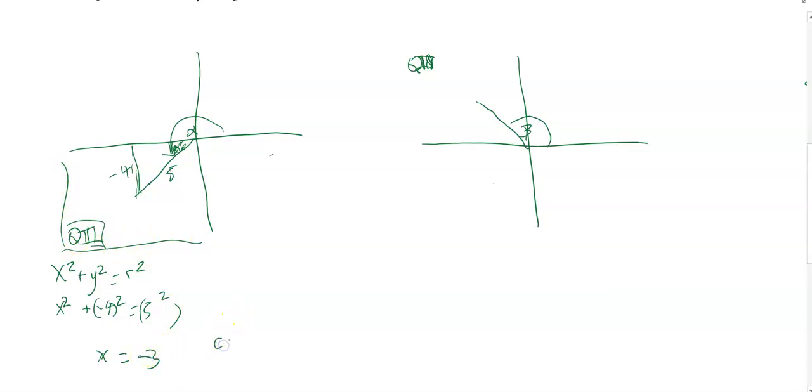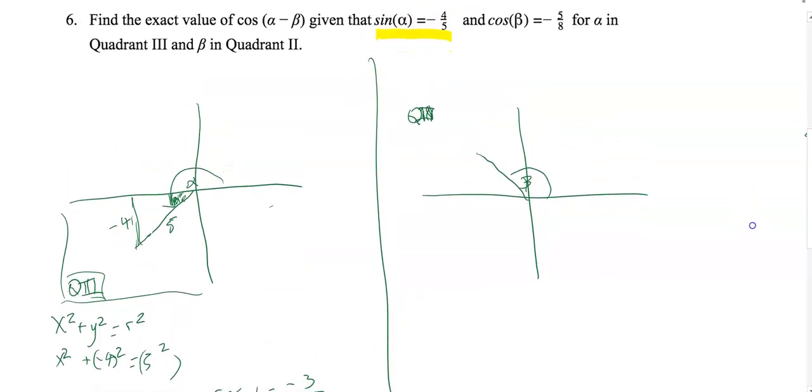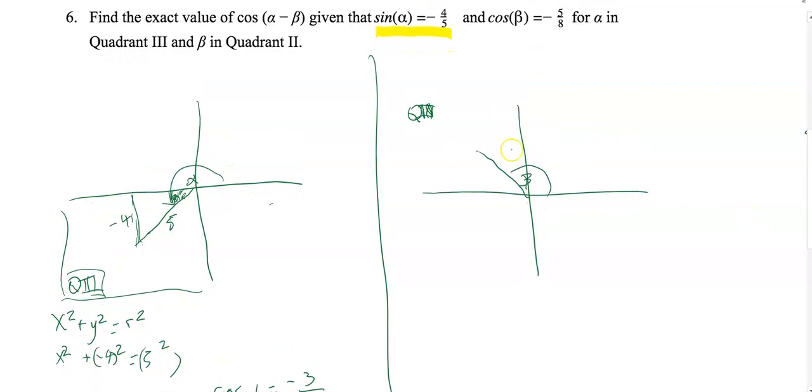So then the cosine of alpha would be equal to -3/5. Let's work with beta. Cosine of beta is -5/8, so x is -5 and r is 8. Remember that cosine is x over r, so we need to find y.